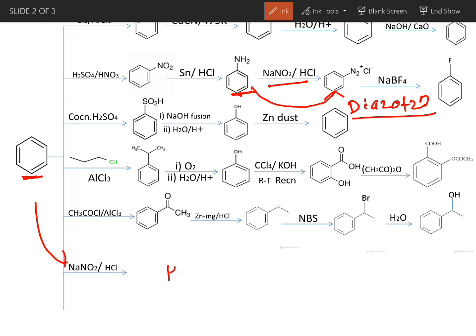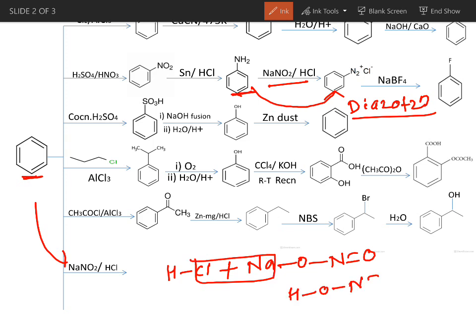Now in this case, benzene is directly reacting with NaNO2 and HCl. Here first HCl and NaNO2 react together. NaCl will get eliminated and forms HNO2. Since the reaction is still in acidic medium, a lone pair of this oxygen abstracts H plus from HCl and eliminates as water, leaving behind N double bond O positive charge.